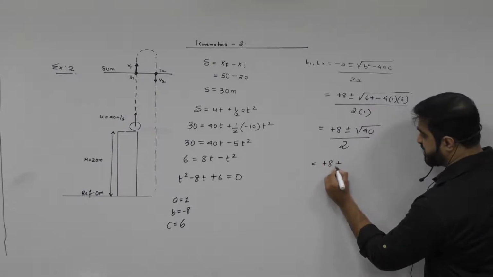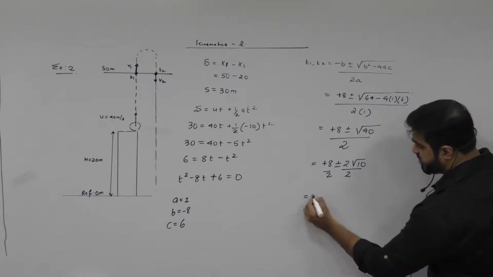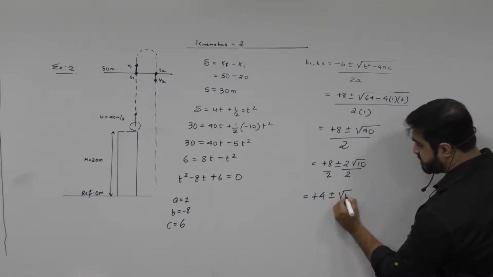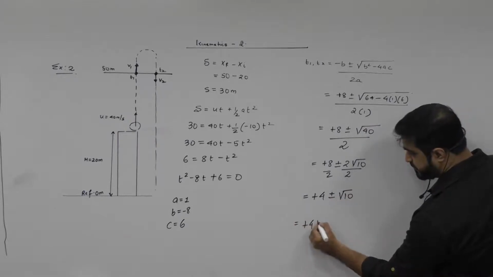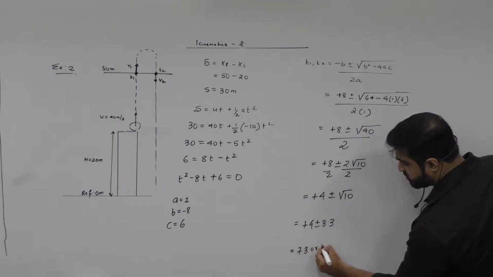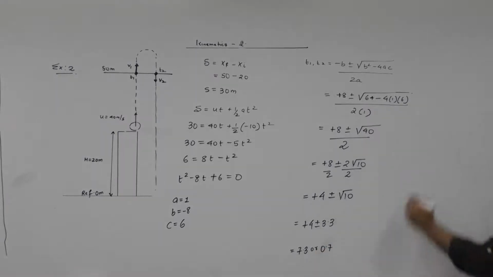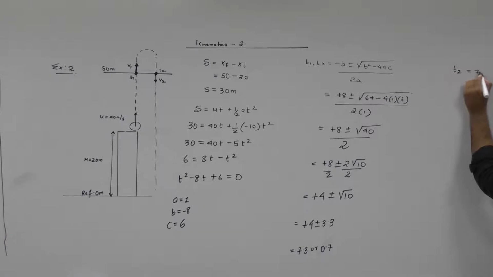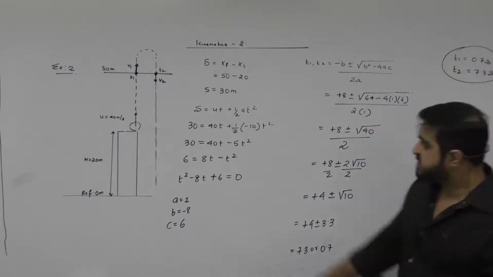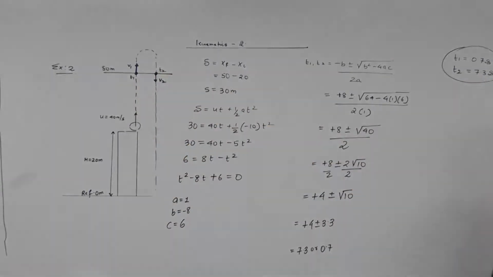So plus 8 plus minus 2 root 10 by 2. So it is going to become plus 4 plus minus root 10. Root 10 is 3.3. So the answer will be 7.3 or 0.7. The bigger time, that is t2, is 7.3 seconds and t1 is 0.7 seconds. From here to here he is taking 0.7. From here to here he is taking 7.3 seconds.